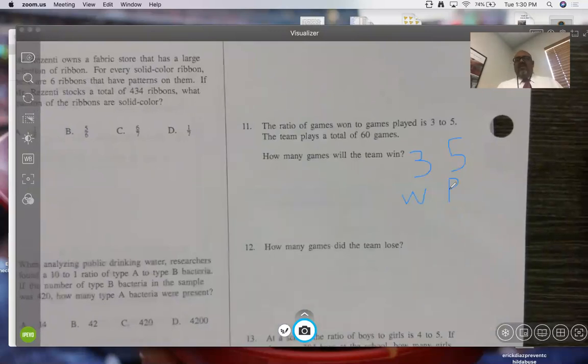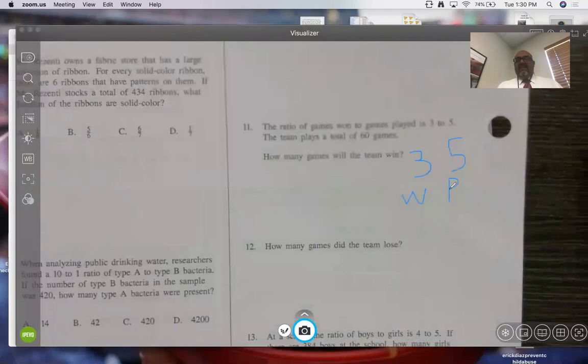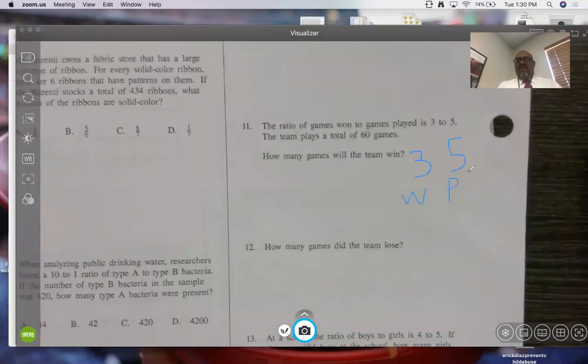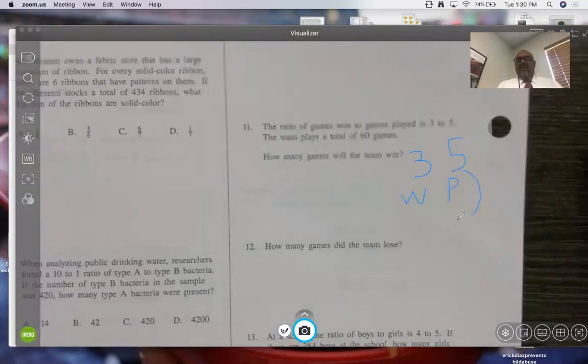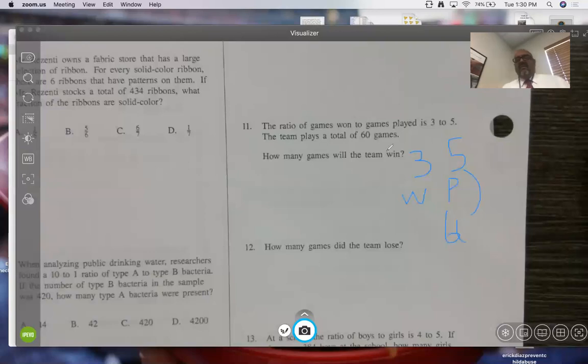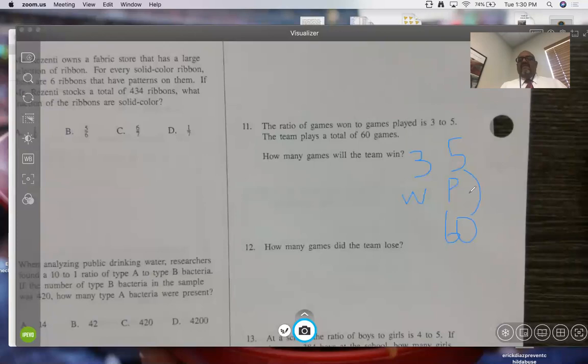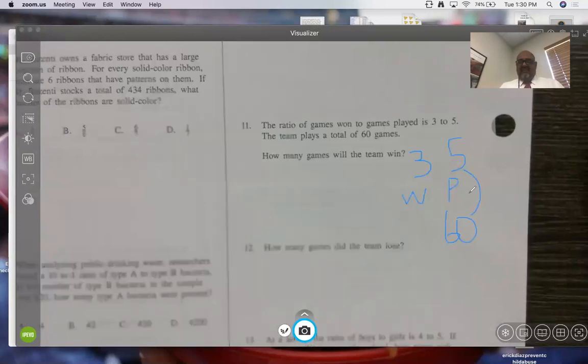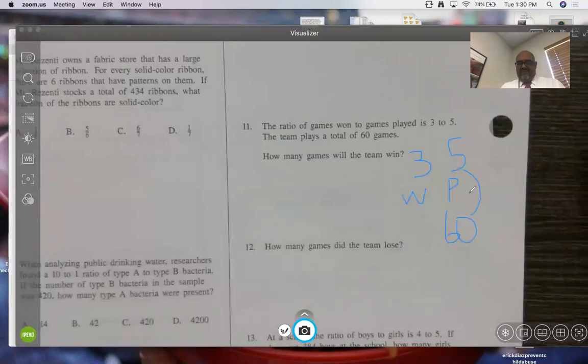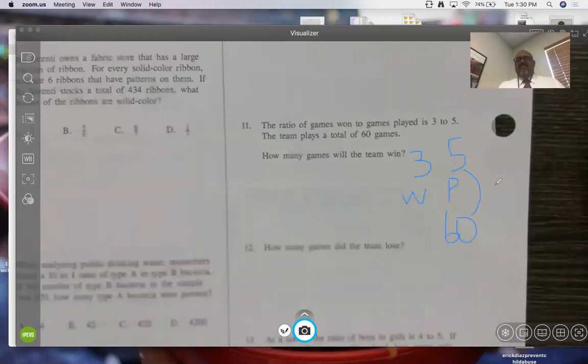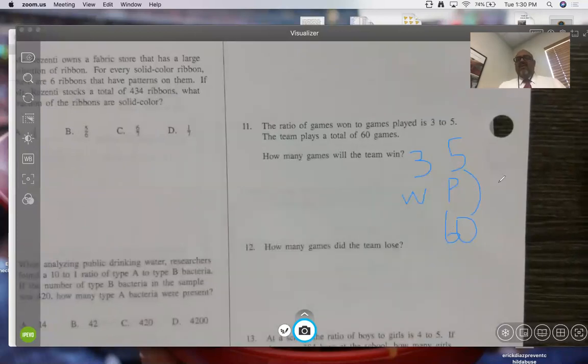Okay, so think about this. We know that they played 60 games. So right off the bat, arc of death. Do you see what it's basically asking? It's saying we play a total of 60 games. 5 times what equals 60? Times 12.